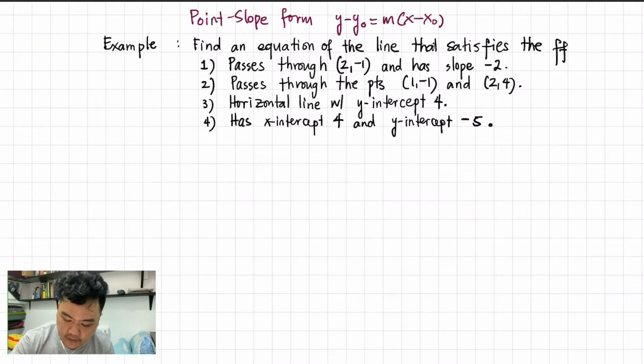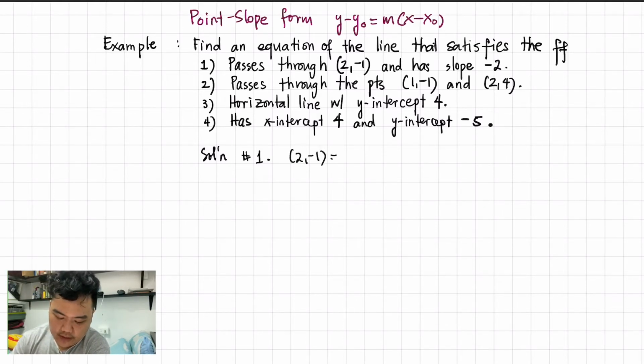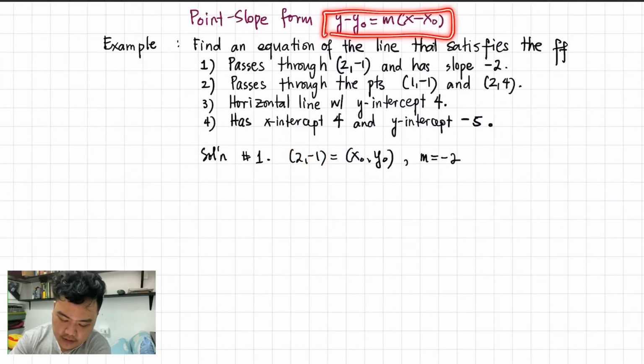Okay, so let's do the first example. So solution for number 1. The line passes through (2, -1) and has slope -2. So this (2, -1) is (x naught, y naught). That is our point, and m is -2. So we plug these values in here.